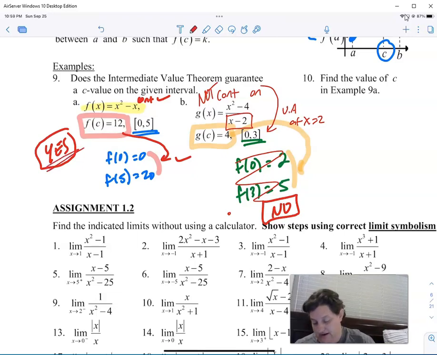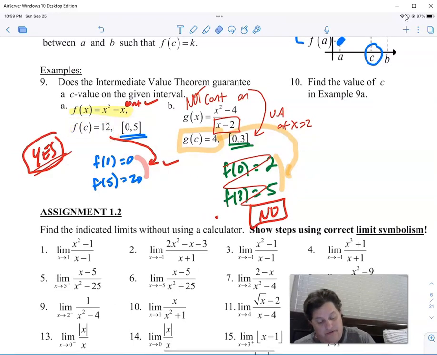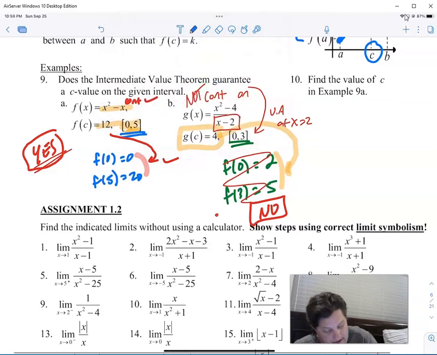So we know that we can find a C, so that's good. Now we have to find it. Well, all you have to do to figure out what C is, it says it has to hit that point somewhere between 0 and 5. Take that, set them equal to each other. So I get x squared minus x equals 12, and I want to see where that happens.